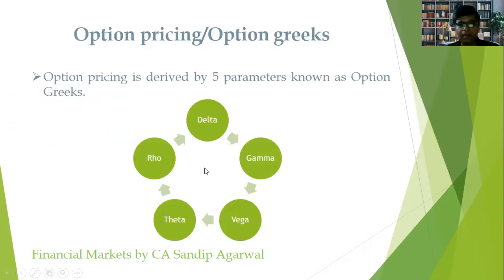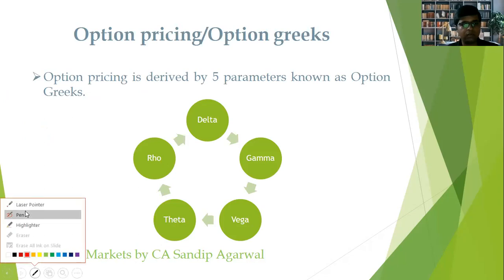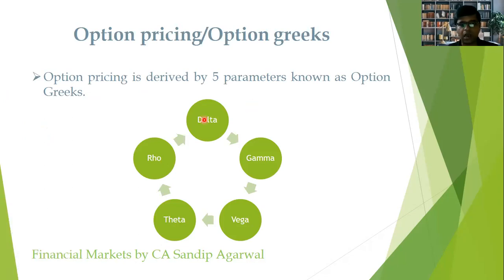As I explained in my earlier videos, the option pricing is basically determined by 5 factors, which are basically the option Greeks: delta, gamma, vega, theta, and rho. And the option pricing of any particular strike price basically has 3 components.